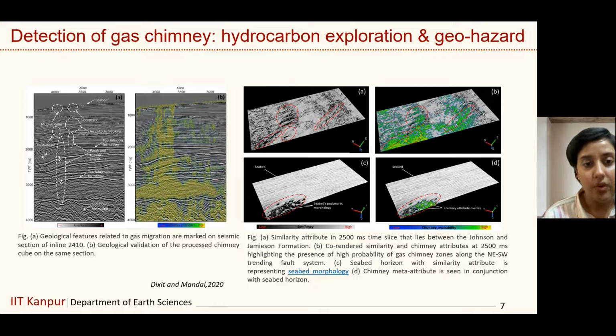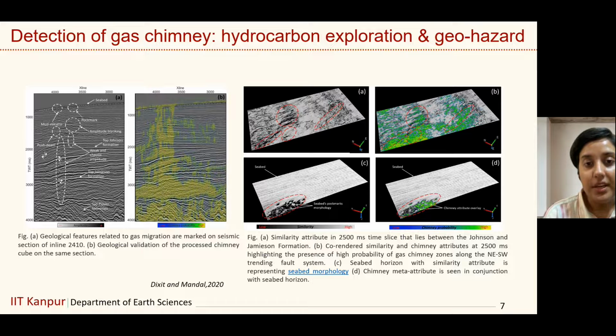So this is the known reservoir, and from this known reservoir we can easily see that there is a plume that is migrating upward and reaching up to the seabed, due to which all these geological features that we see in the previous section are getting created. So this is a very good understanding of how hydrocarbon can alter the existing geological features.